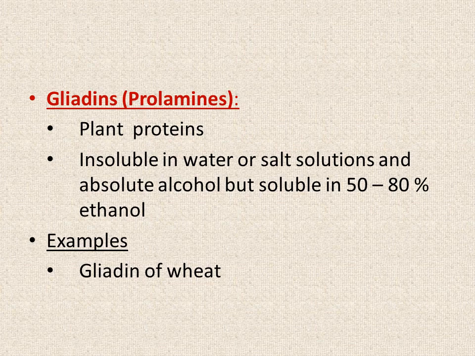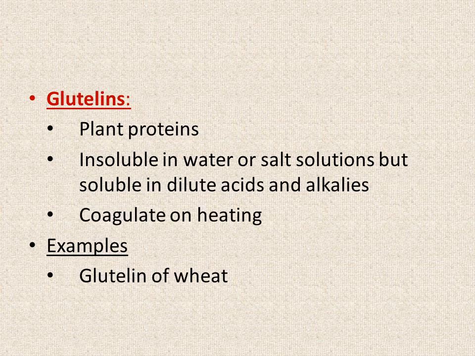An example is gliadin, which is found in wheat. Another type of simple plant proteins is glutelins, which are insoluble in water or salt solutions but soluble in dilute acids and alkalis, and they also coagulate on heating. An example is glutelin, which is also found in the wheat plant.